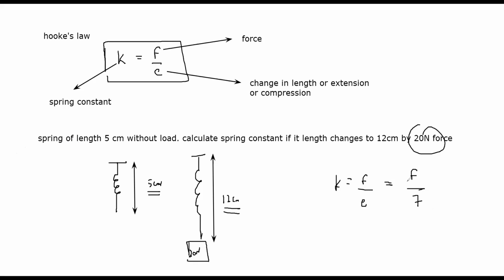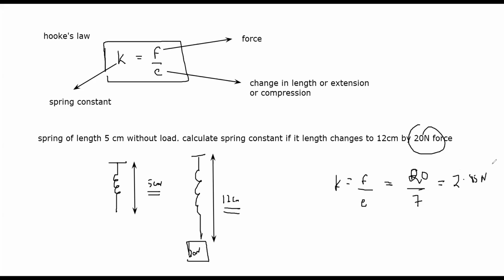So force is 20 and extension is 7. So 20 divided by 7 will be 2.85.